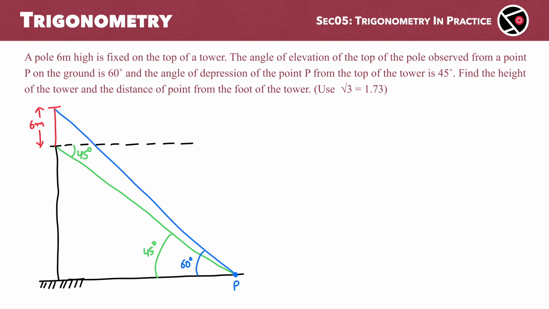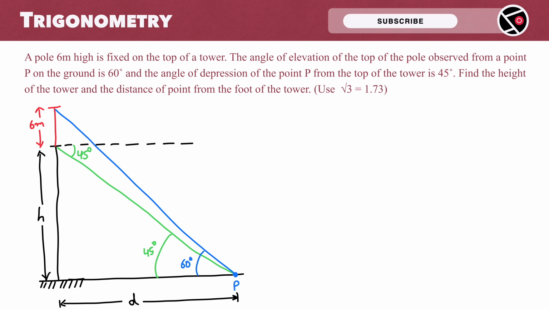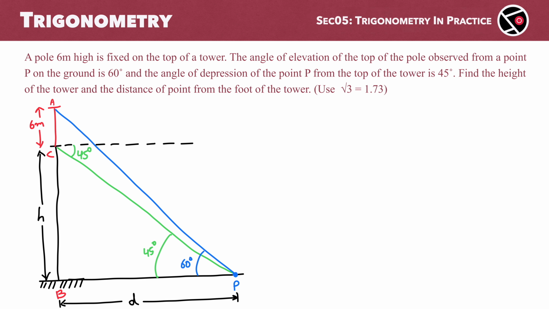We have to find the height of the tower. Let this be h. We also have to find the distance of point P from the foot of the tower. We call this d. Let me label the diagram. Now, it's time to use some trigonometry.